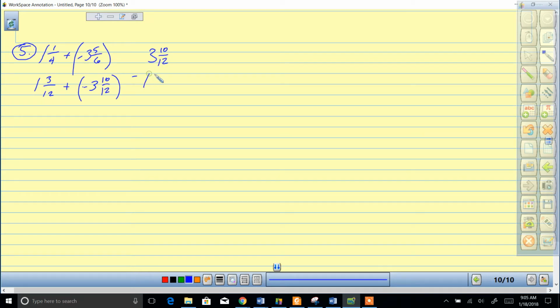So this will actually work out pretty well in my favor when I subtract numerator to numerator and whole number to whole number. 3 minus 1 is 2, and 10 minus 3 gives me 7. So I end up with this, but if I look back, I notice that the negative has greater absolute value. So that's going to be my final answer: negative, because it has greater absolute value, 2 and 7 twelfths.